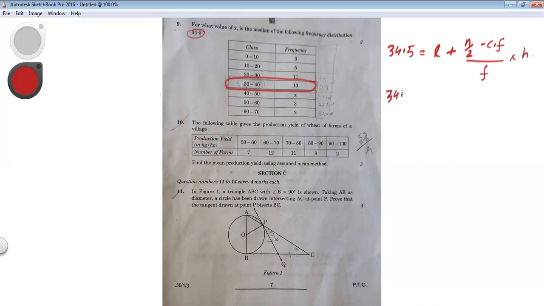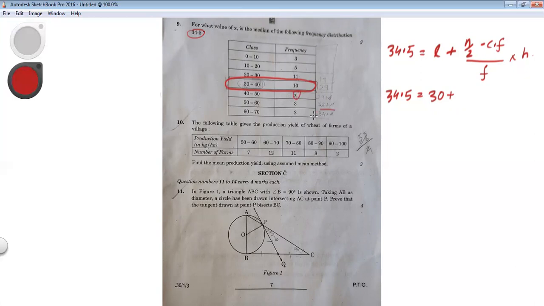So 34.5 equals the lower limit, which is nothing but 30, plus n by 2. For n, you add up 3 plus 5 plus 11 plus 10 plus 3 plus 2 plus x.